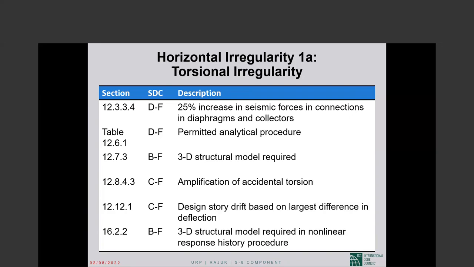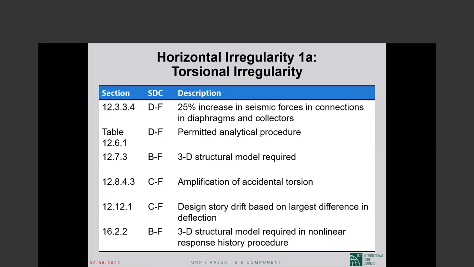So this says 25% increase in seismic forces in connections in diaphragms and collectors. There is somewhere else where you will get more elaboration on that. I don't remember now. It is all mixed up. I have 7 or 8 seismic segments I was preparing.